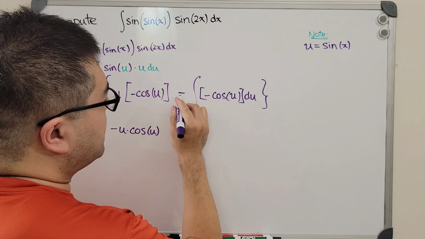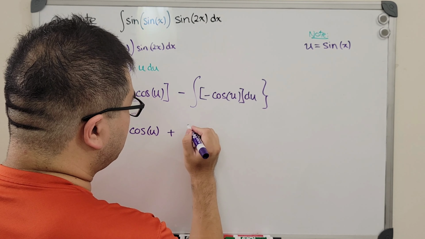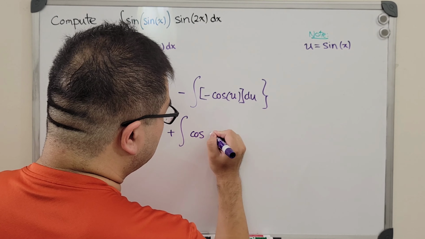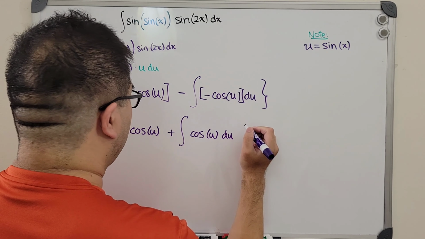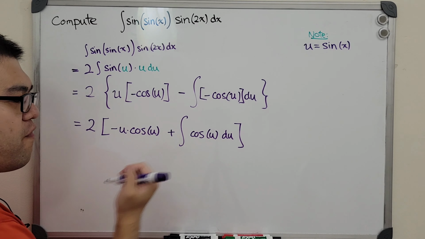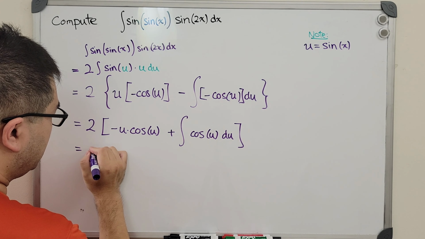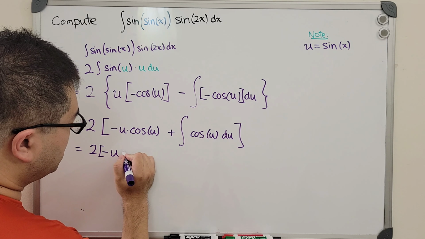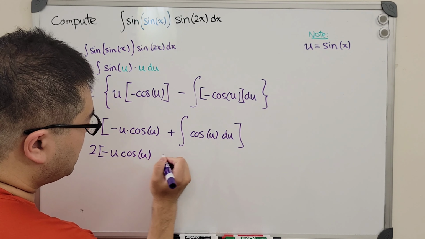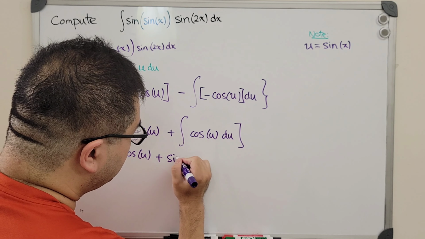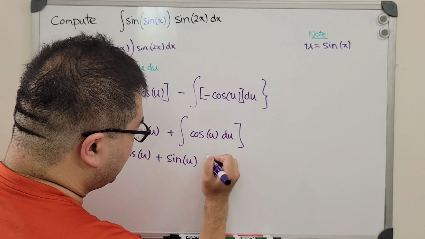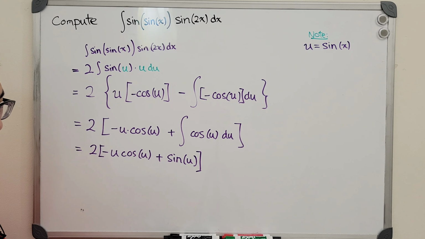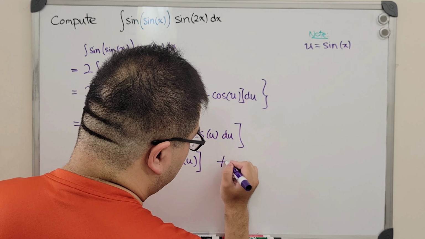And then we have minus and negative, so we have plus the antiderivative of cosine of u du. And again, the antiderivative of cosine is just sine. Thus, we have 2 times negative u cosine of u plus sine of u, and then plus some constant. But again, a constant times 2 is still a constant, so we might as well just put the constant outside.